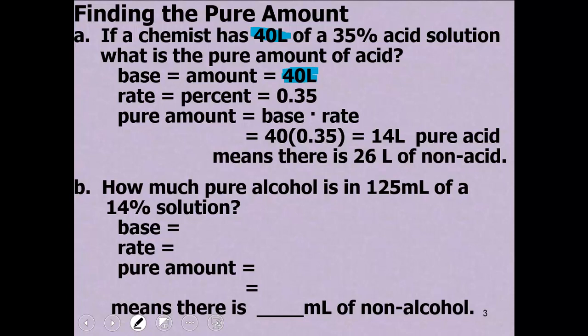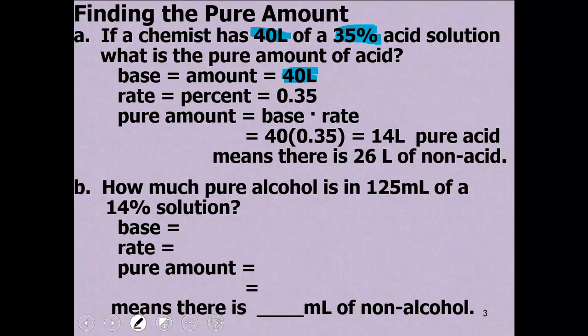You're going to identify your base because it's going to be liters or milliliters or ounces, some measured amount. And then your rate is the 35% acid solution. Chemist has 40 liters of a 35% acid solution. What is the pure amount of acid in that?